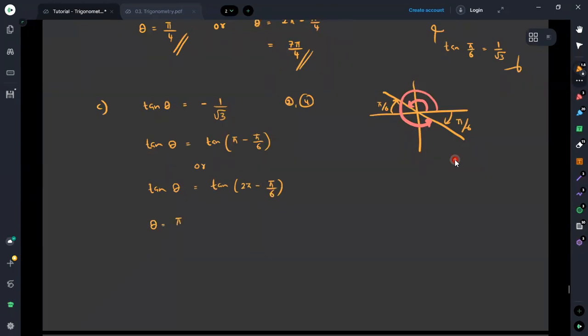One is theta equals pi minus pi over 6, which gives theta equals 5 times pi over 6. Or theta equals 2 pi minus pi over 6, which gives theta equals 11 times pi over 6. This is how we are taking the values.